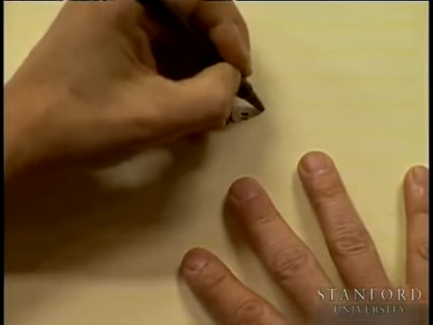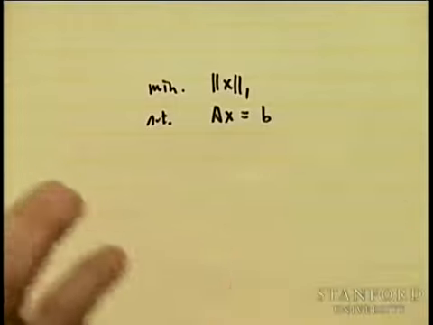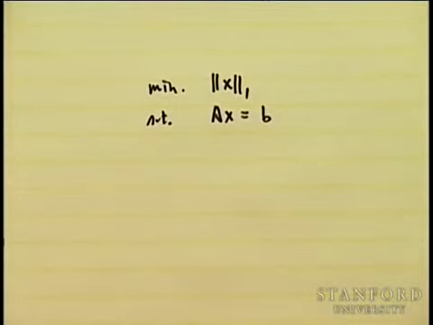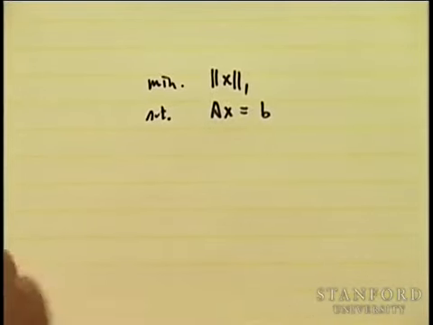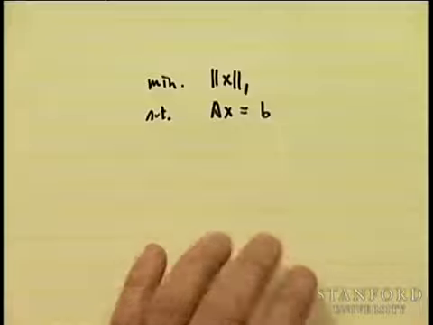Literally this one problem right here. And boy, is it fashionable now. People call it compressed sensing, and you'll hear all sorts of names for this. Very fashionable, in some cases for some very good reasons.